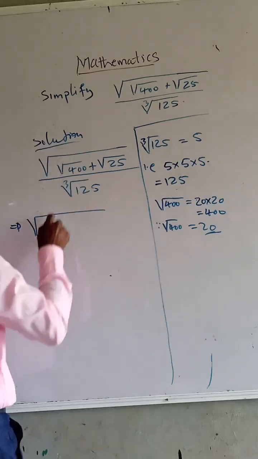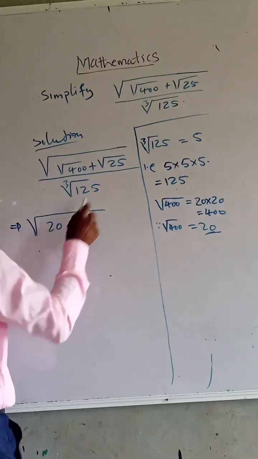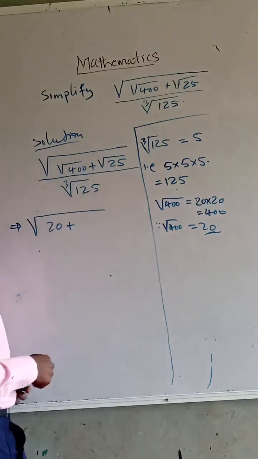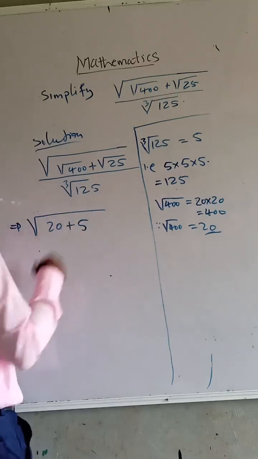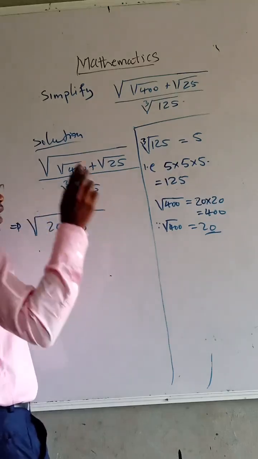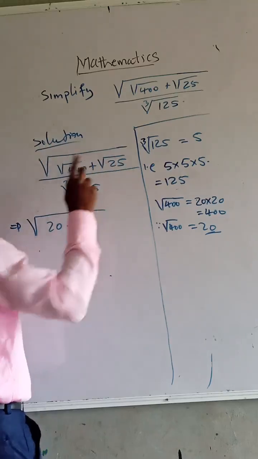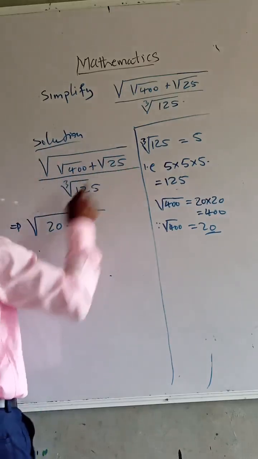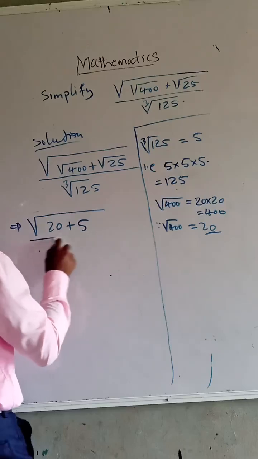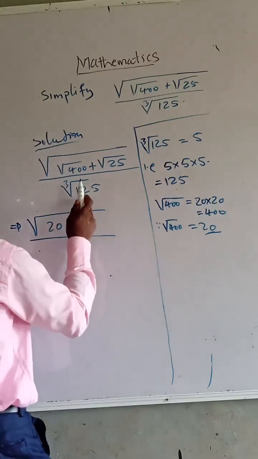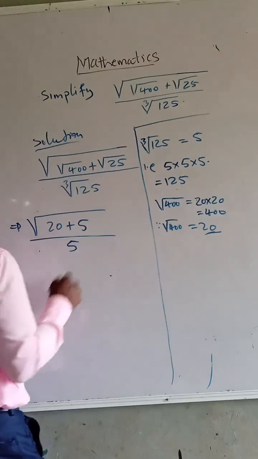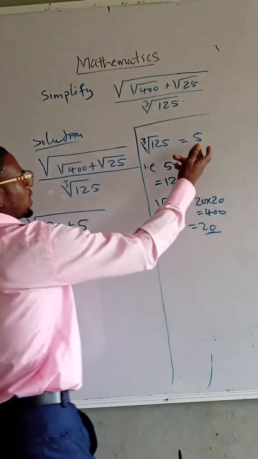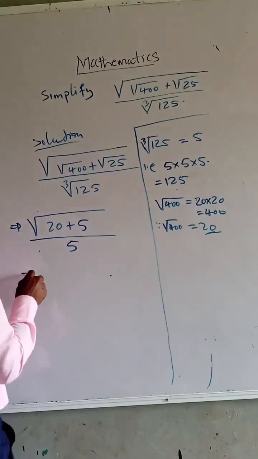Now square root of 400 is 20, right? What of the square root of 25? That is fine, because the number that will multiply itself 2 times to give you 25 is 5. 5 times 5 is 25. Now all over 1. We already know that here is 5, from what we did here. Now let's move on.